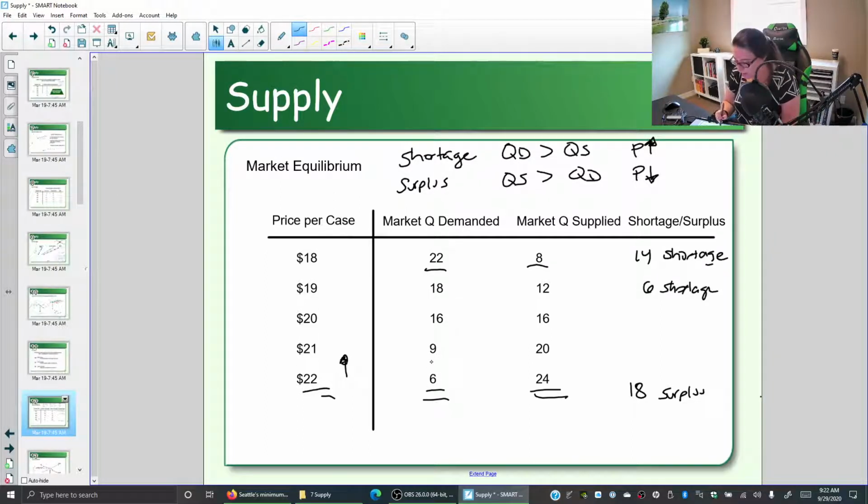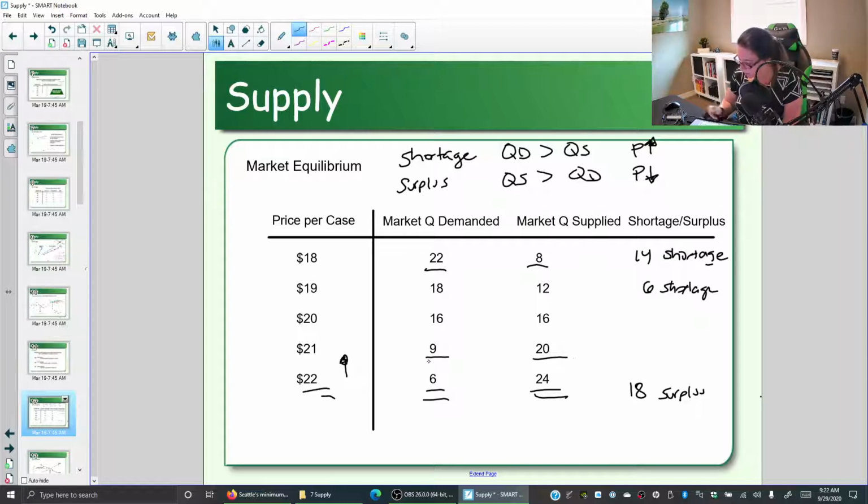All right, so here, quantity demanded is a little bit higher, because it's cheaper. We can afford a bit more. So now quantity demanded is 9. Quantity supplied, not as high, not as big a profit margin. So quantity supplied is 20, quantity demanded is 9. Do we have a shortage or a surplus?